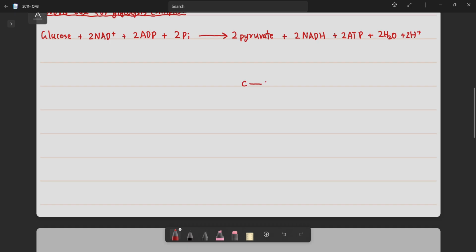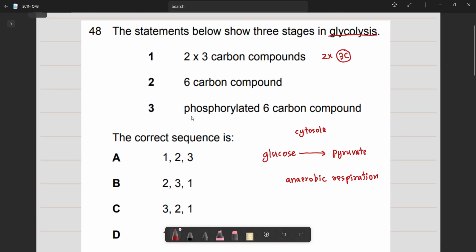I'm going to draw the chemical structure for it. This is the chemical structure for pyruvate, with two oxygens here, then three hydrogens on this side. So one, two, three: there are three carbons in total. Hence pyruvate is considered a 3C, three-carbon compound.